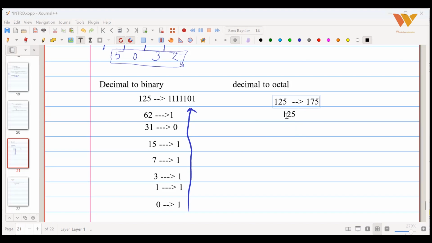So if I do the same number for decimal to hexadecimal, how much will be the value? Now you have to divide 125 by 16.